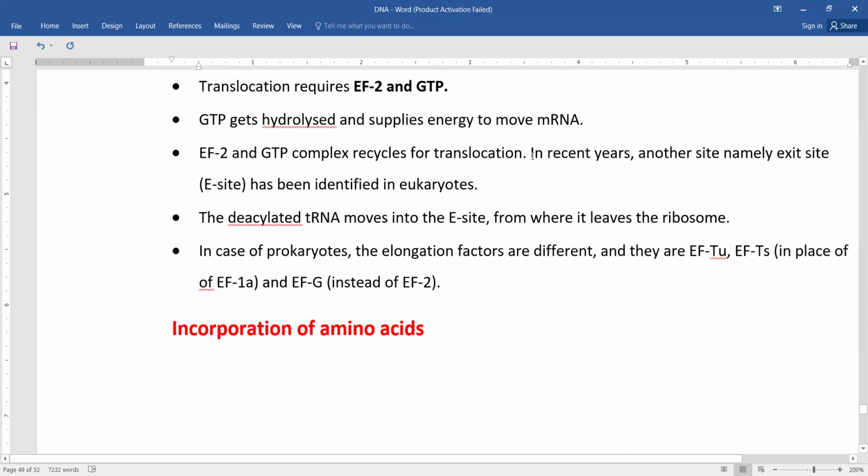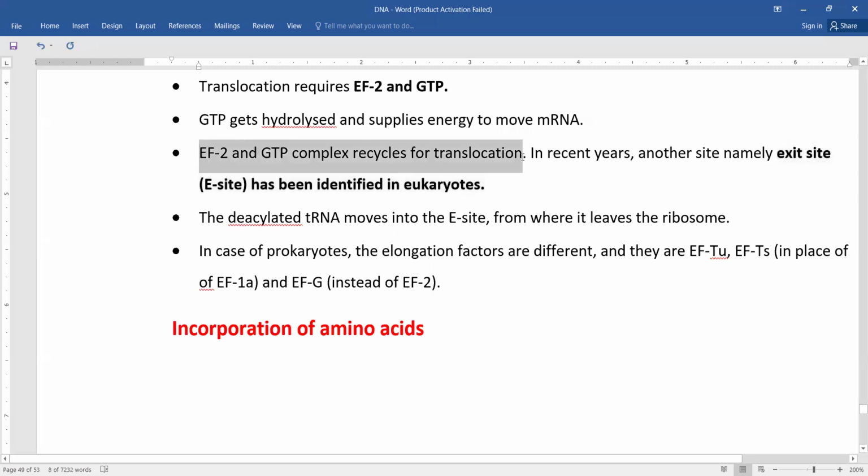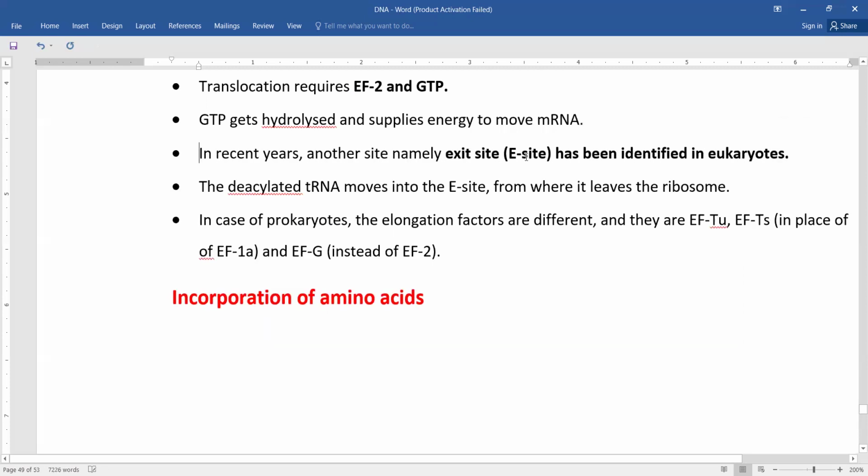Okay, in recent years, another site, namely the exit site or E site, has been identified in eukaryotes.